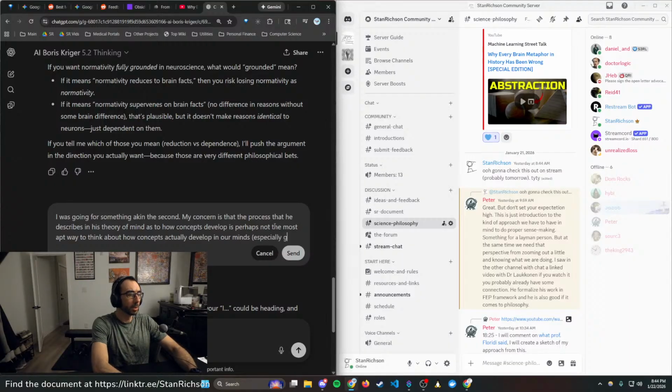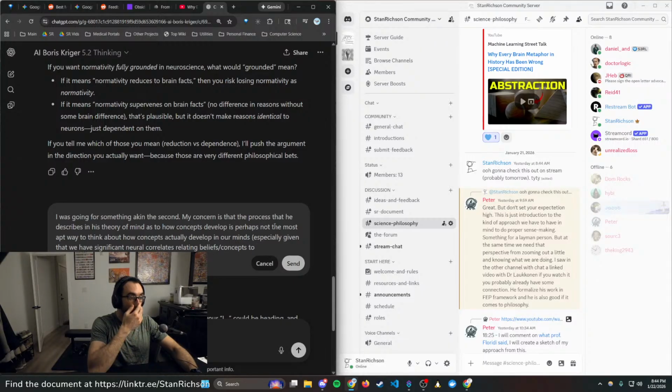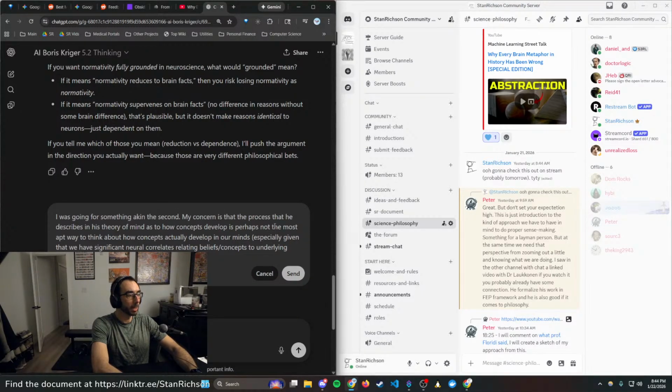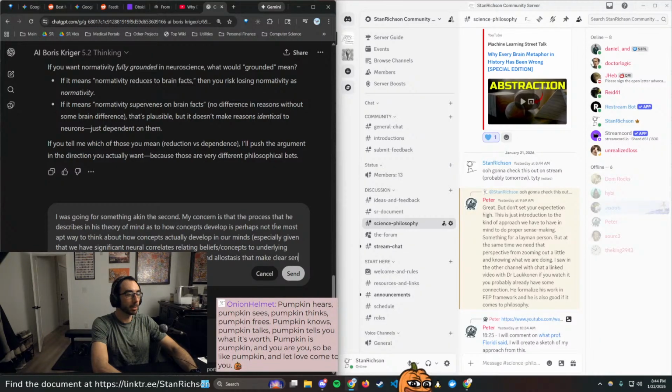Especially given that we have significant neural correlates relating beliefs and concepts to underlying processes, and we have interpretations such as PP and allostasis that make clear sense of what direction our understanding might go in a given situation.